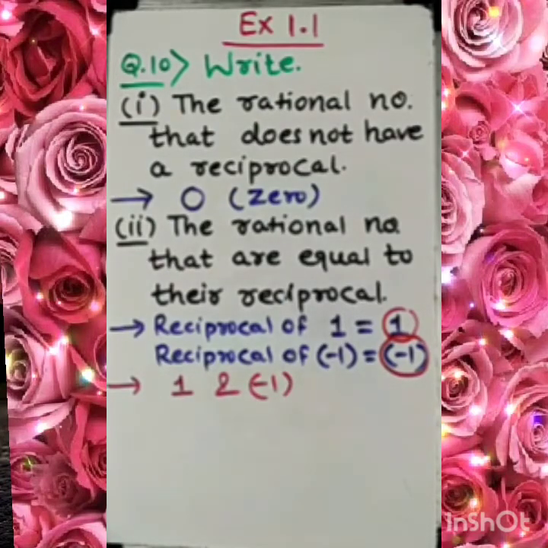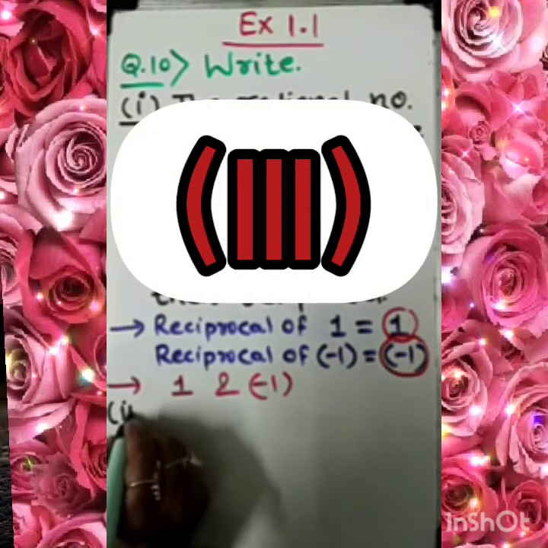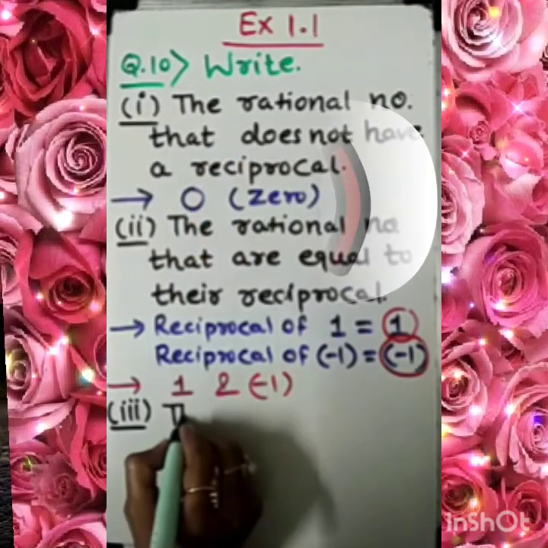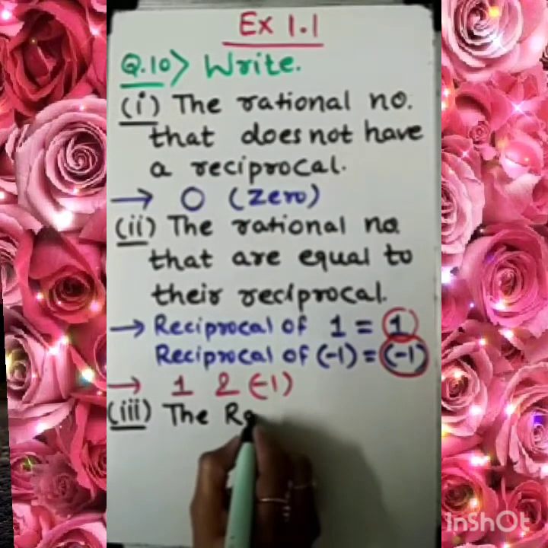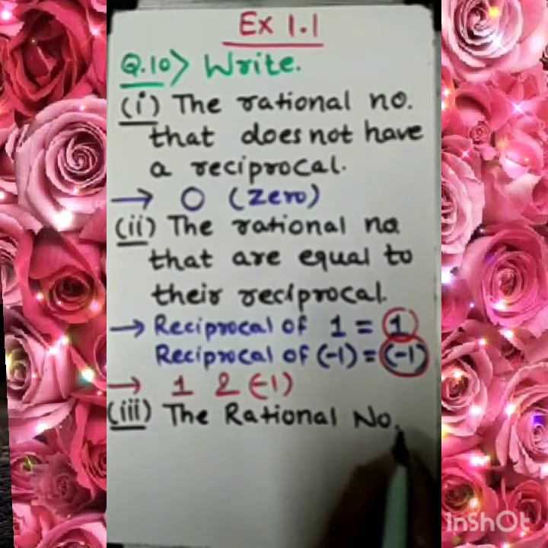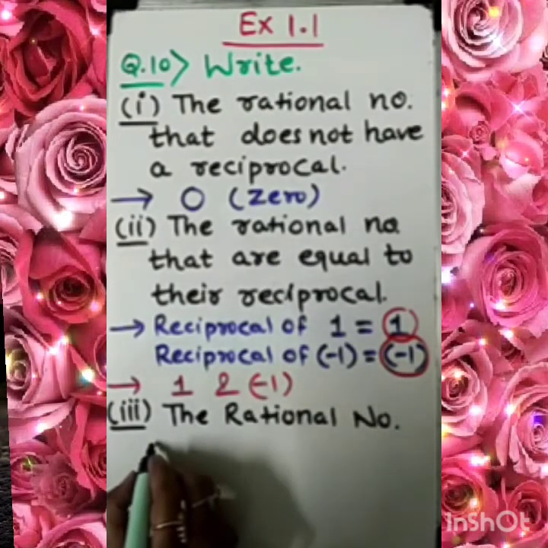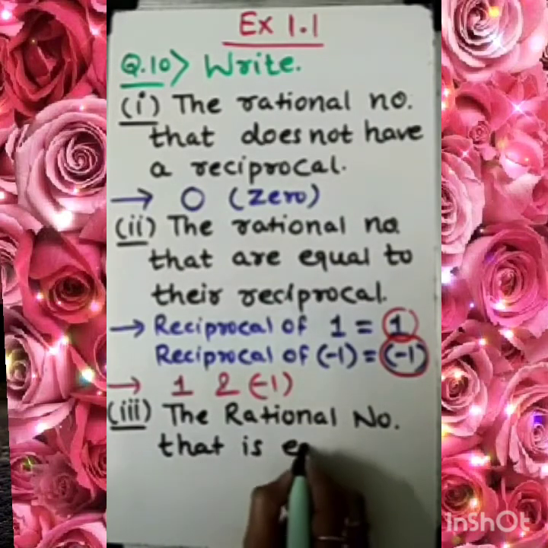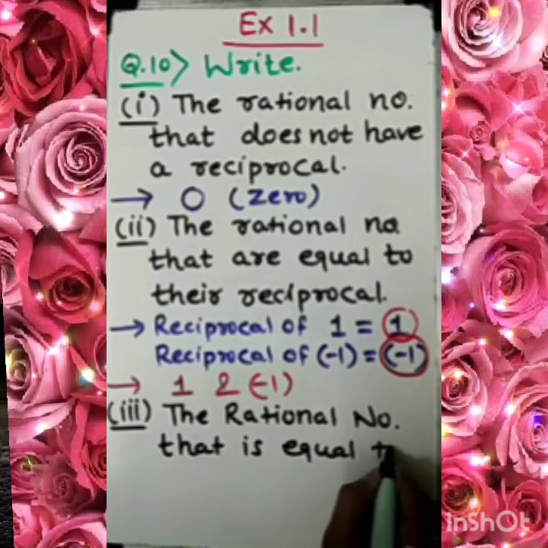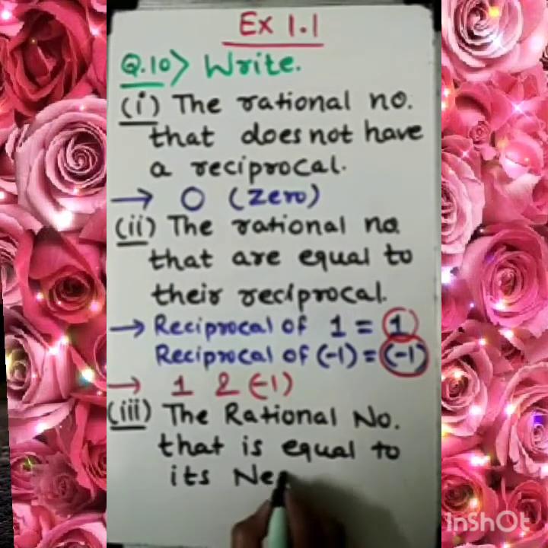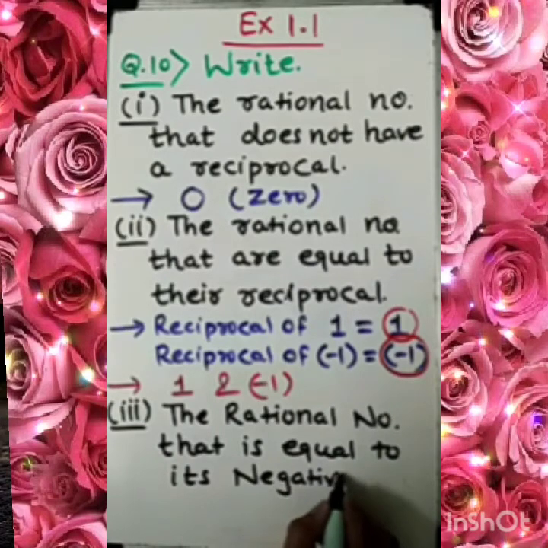Now let's move to the third part. In the third question we are given the rational number that is equal to its negative.